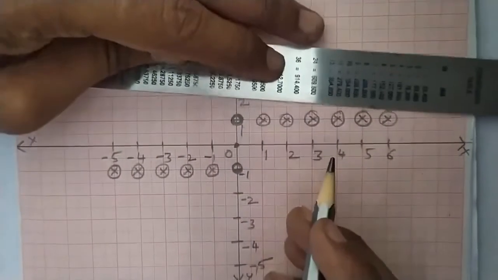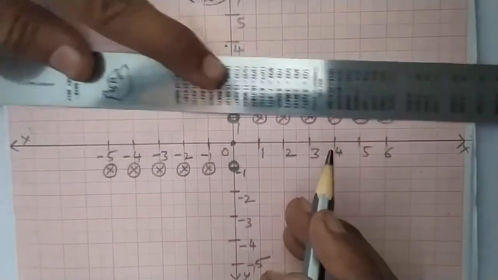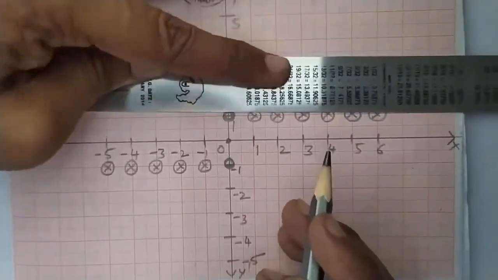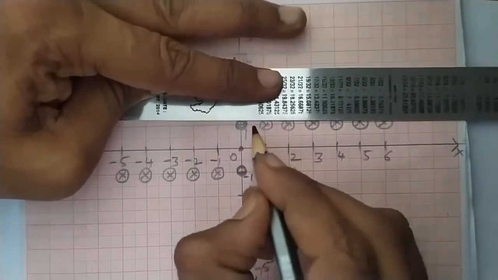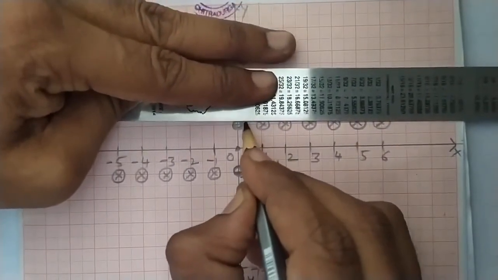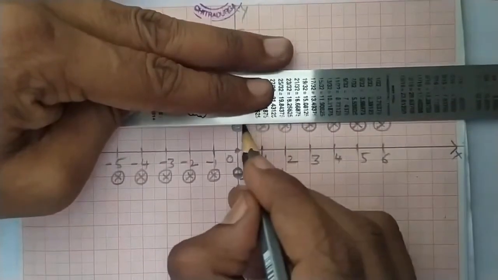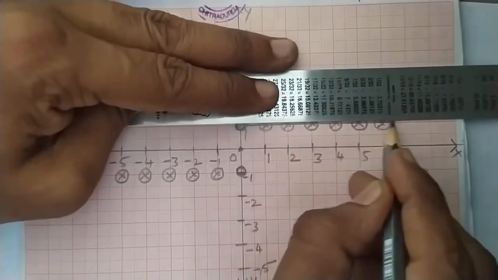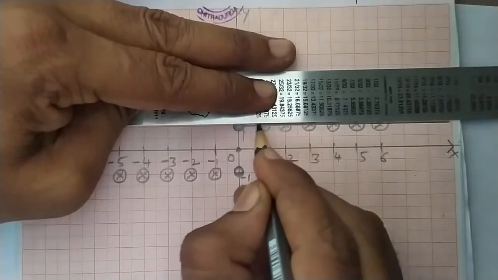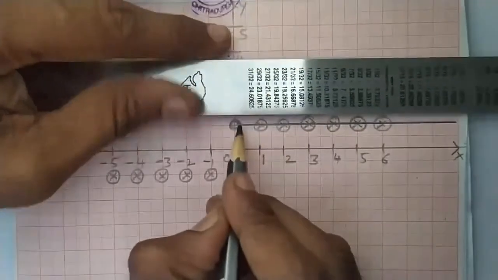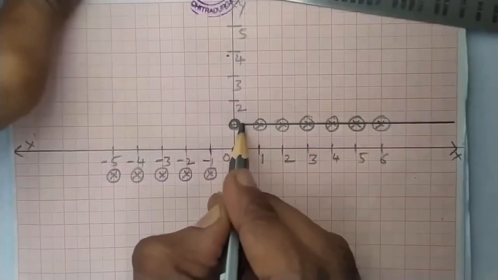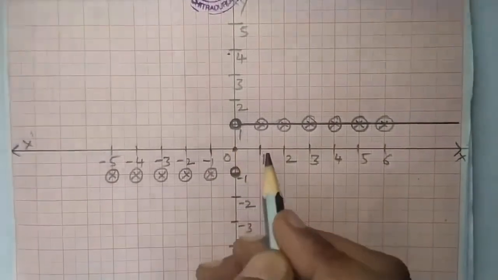Now let us join these points. Join these points. Finally, we will get a graph for this function. It is excluded, so do not join this one.